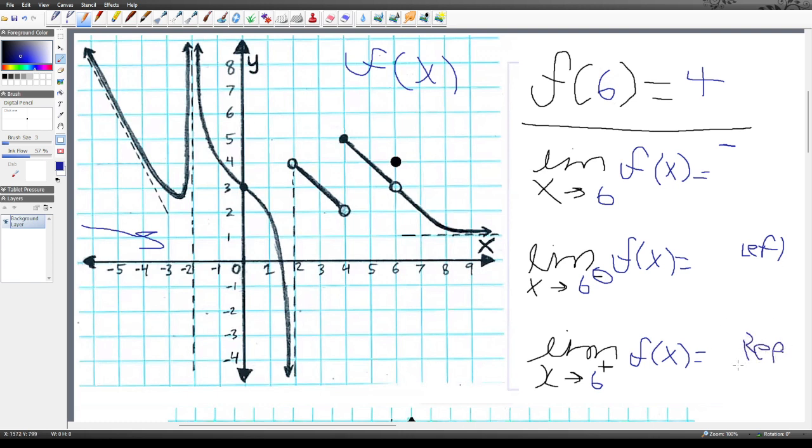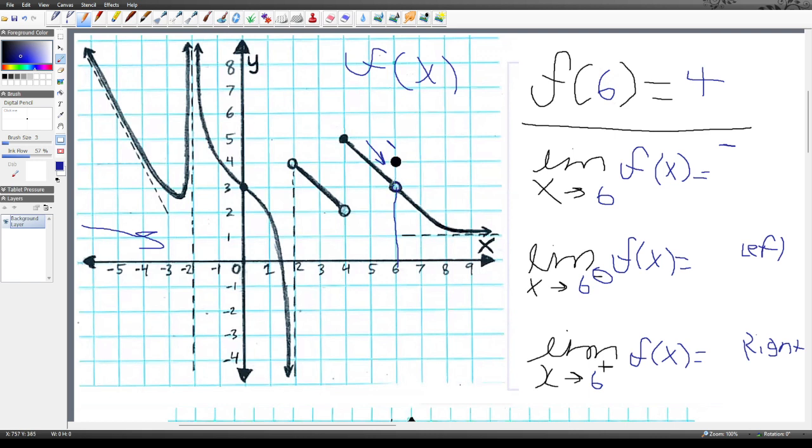Oh wait, give me a second. Let me rewrite. So we're going like this, 6 from the left side. This is left. It seems that by each increment, it is approaching 6.